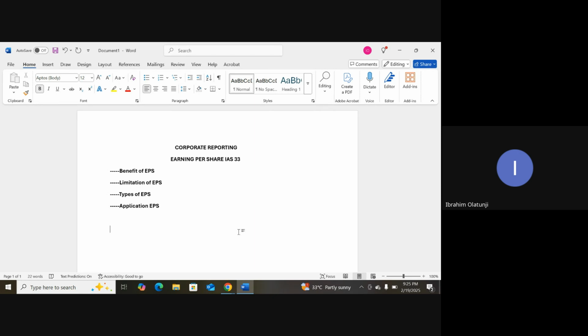So that is what application of earning per share is talking about. It is only applicable to companies that are listed or quoted on the stock market.